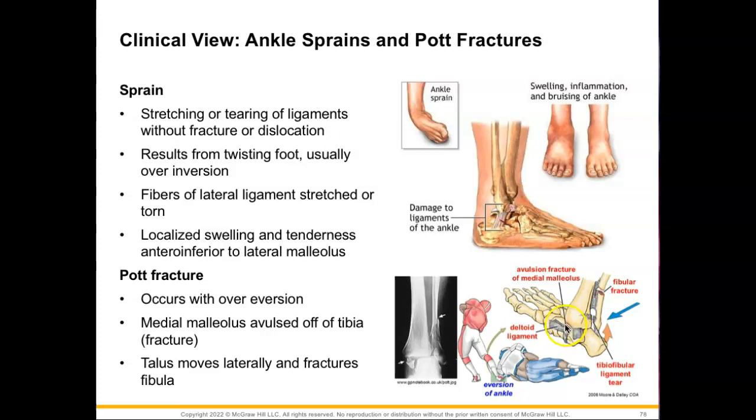So we do have a fracture taking place here, and the talus moves laterally and fractures the fibula. So you could see that fracture of the fibula over here. You might even have a little bit of pulling from that deltoid ligament causing that avulsion fracture.